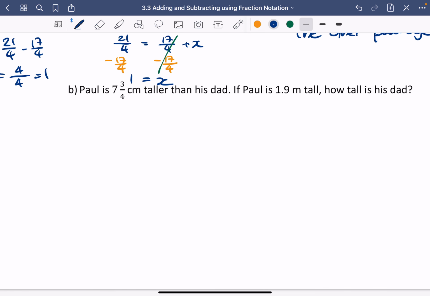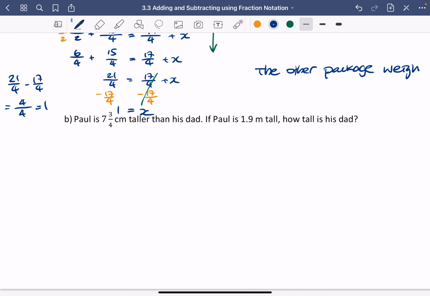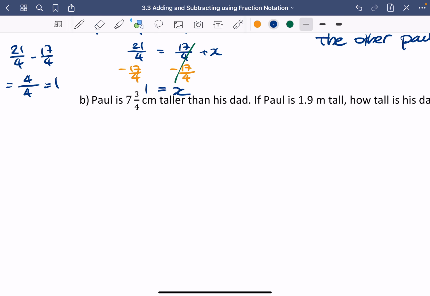The next example says Paul is 7 3/4 centimeters taller than his dad. If Paul is 1.9 meters tall, how tall is his dad? Well, this seems like it's abstract. If you want, you can always draw a picture or diagram to represent the situation.